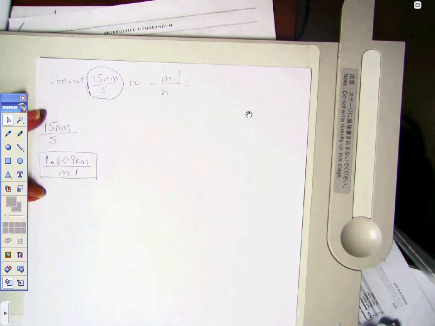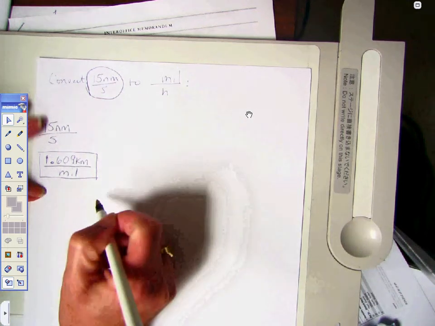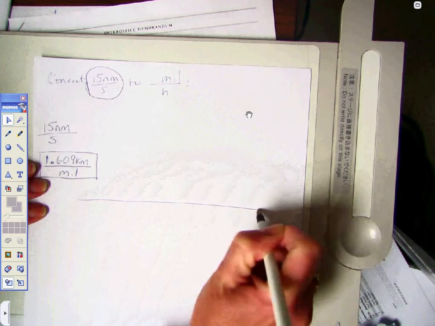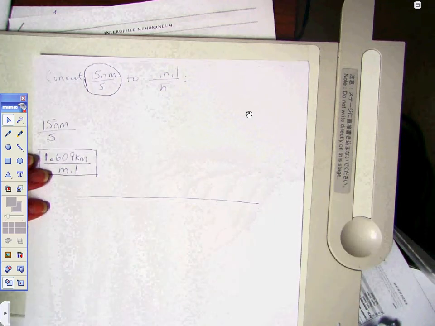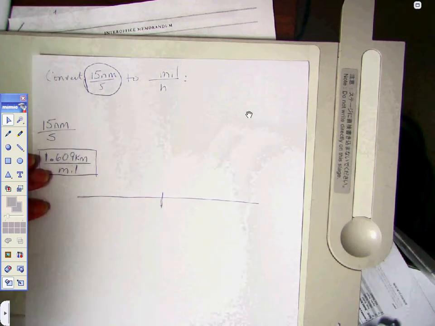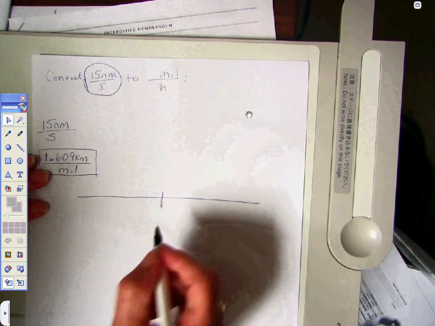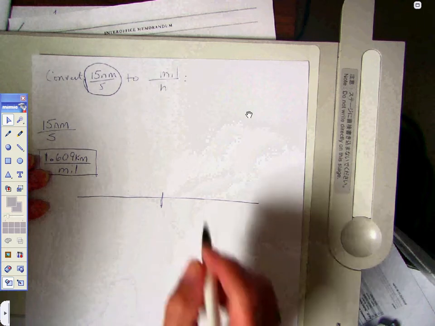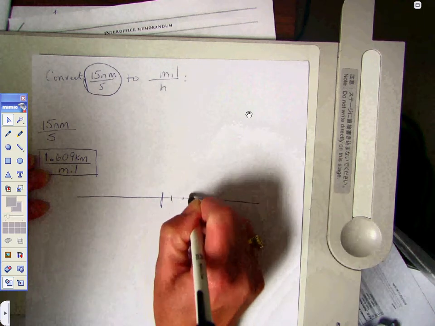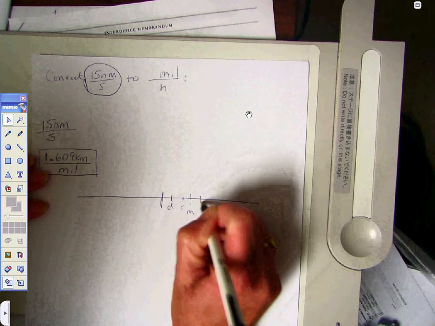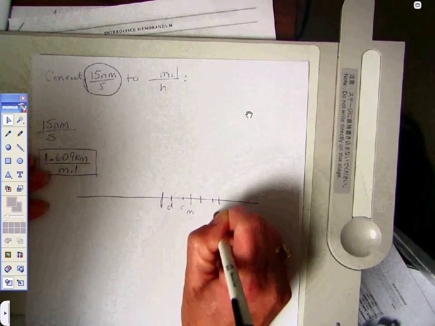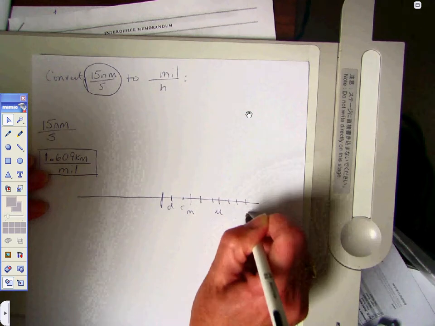So I can go about getting rid of my nanometers in one of two ways. I'm going to show you how to determine a conversion factor using your number line. Remember, in the middle, this is your base where there are no prefixes, and then deci, centi, milli, micro, nano.